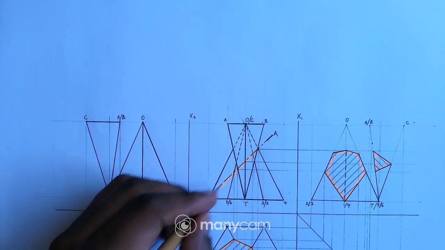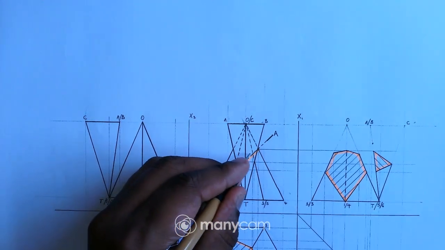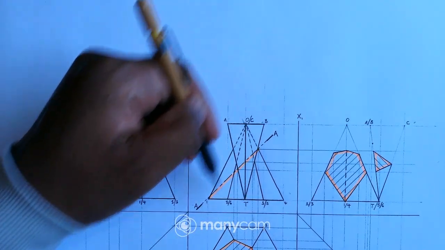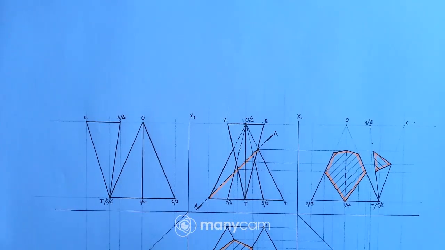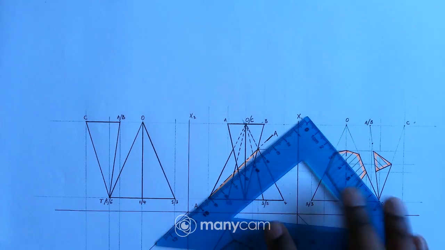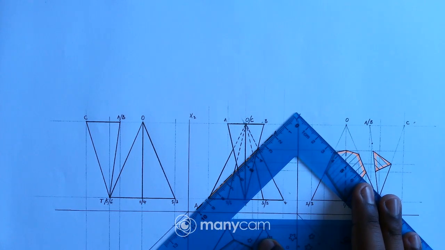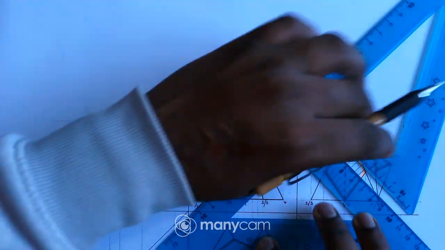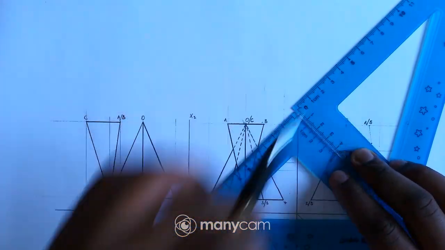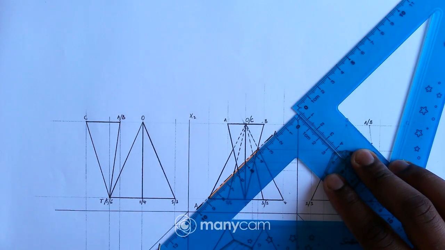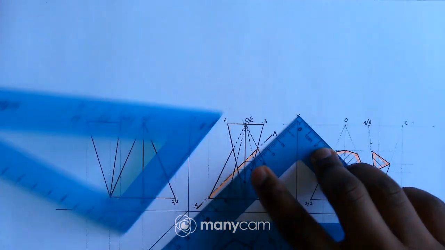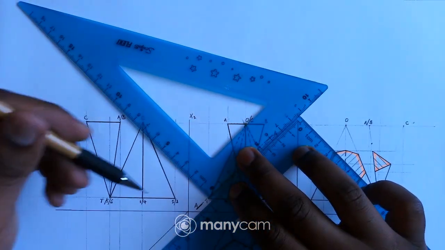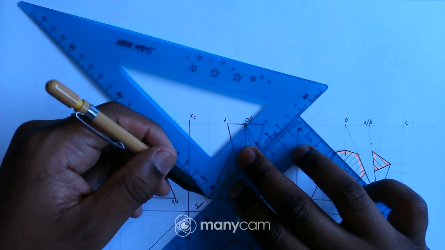Obviously I have to project these points up perpendicular to the cutting plane. So I can just put my set square on the cutting plane like that, and then let me just move it a little bit down like that, and then now I can just project the points.